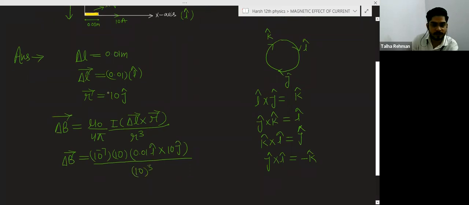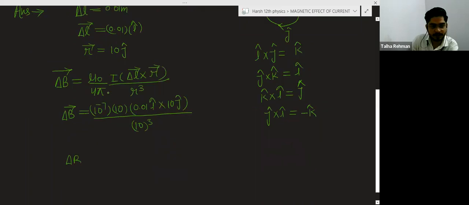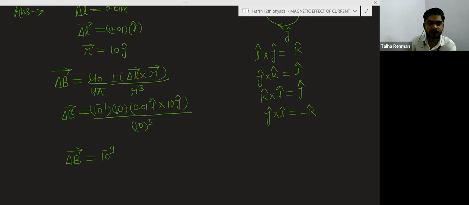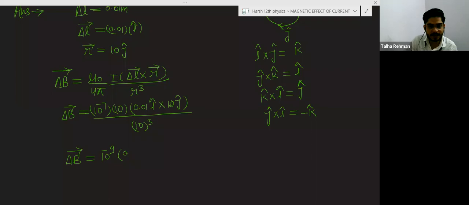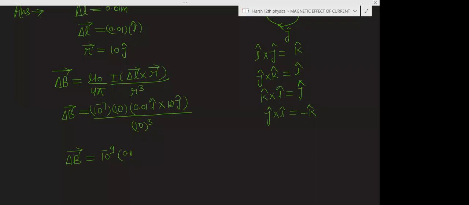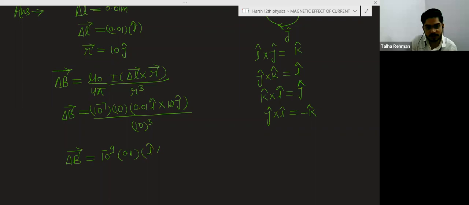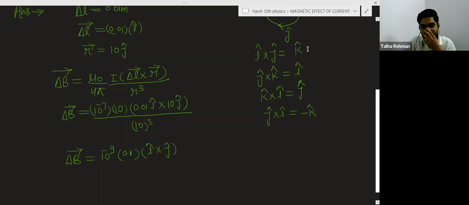Now see, this is delta B vector and this is 10 to the power minus 7, and this will become 10 to the power minus 10 and this will become 10 to the power minus 9. For multiplication, you will multiply the numerical value first. You will multiply 0.01 with 10, then you will get 0.1. And you will multiply I cross J. What is I cross J?